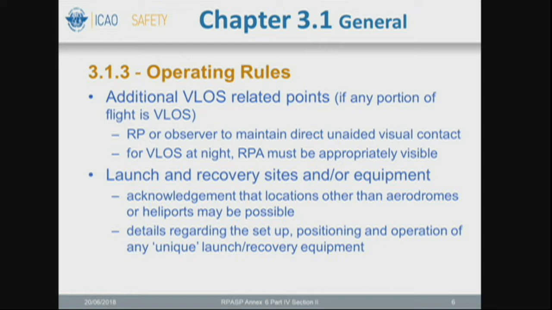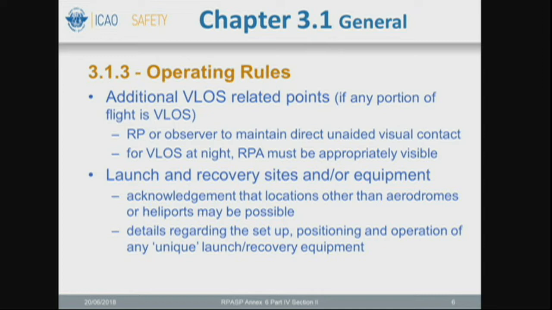Those points are really fairly obvious, actually, if you look at it, that the remote pilot or the observer has to maintain direct unaided visual contact with the aircraft. Again, fairly obvious, really, if you think about it, because if you haven't got direct unaided visual contact with the aircraft, you're not doing a VLOS operation. And secondly, for visual line of sight at night, then the RPAS must, of course, be appropriately visible so that the person flying the aircraft can see it.